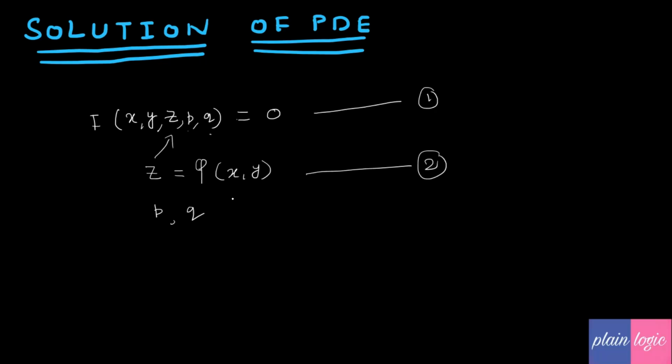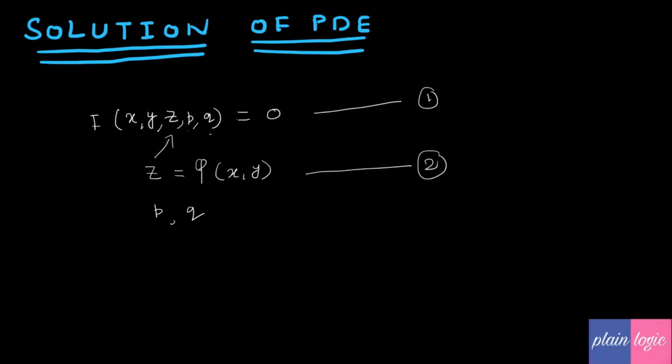This z may contain arbitrary constant or it may not contain arbitrary constants. Based on these things, we are going to classify the solutions that we are finding in first order partial derivatives.